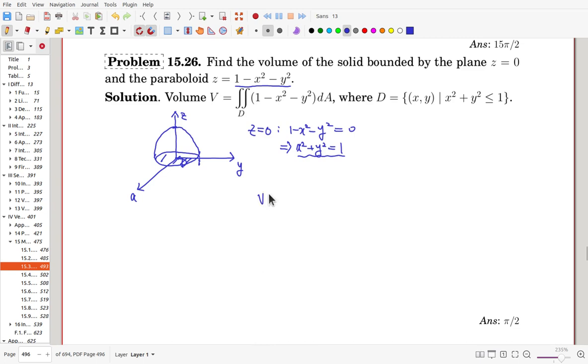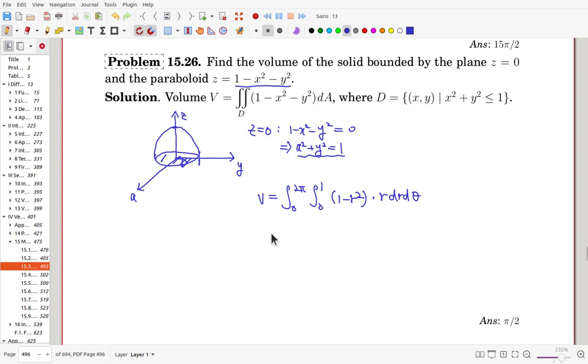So the volume in polar coordinates, okay, angle is from 0 to 2 pi, and r is from 0 to 1. The integrand, 1 minus x squared minus y squared, is the same as 1 minus r squared. And we have here the area element, which is r dr d theta, right? Okay.